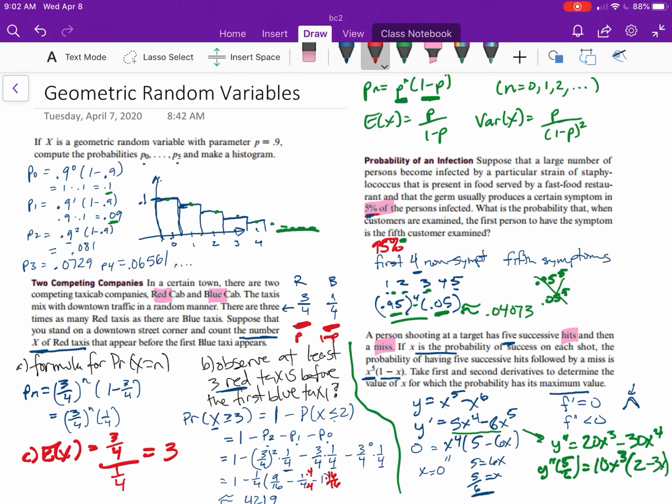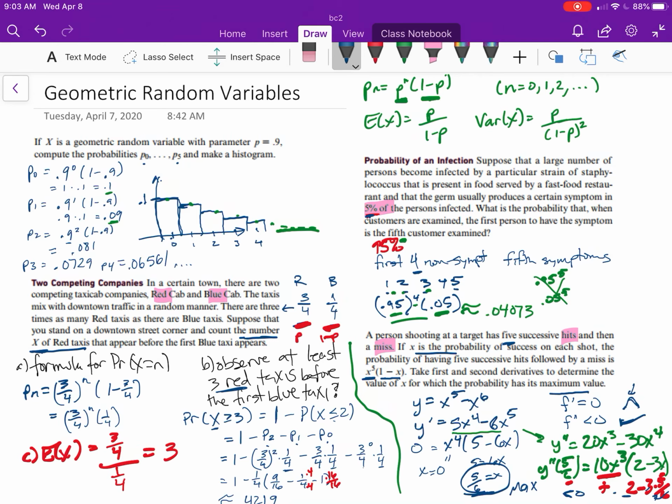Because now when I look at 5/6, I know that this is positive. And when I plug in 5/6 here, that would be 3 times 5/6, so I cancel, and I'd get a 2 in the denominator. So 2 minus 5 halves, which is 2.5. 2 minus 2.5 is a negative. So positive times a negative is a negative, so that is less than 0, like we expected, which means this value of 5/6 is in fact a max.